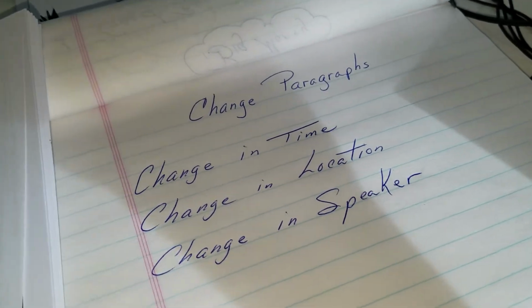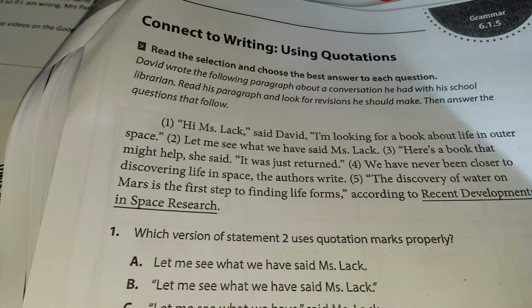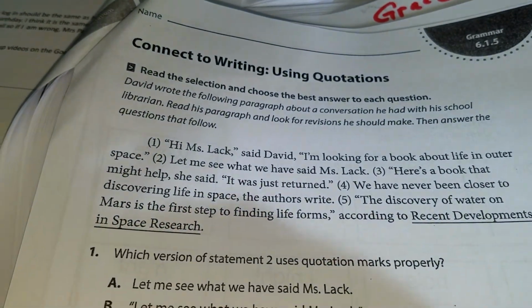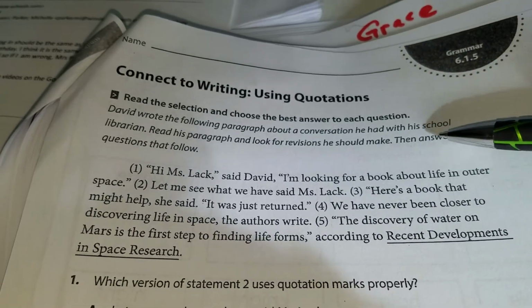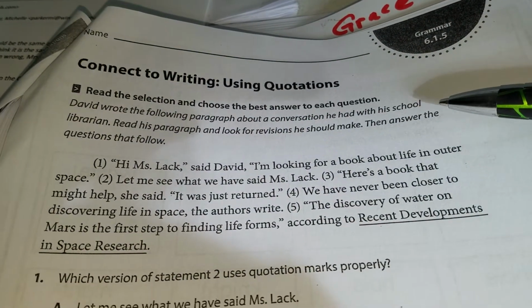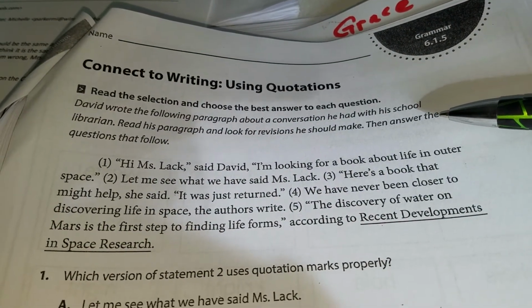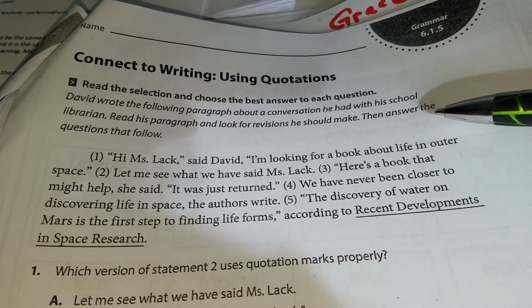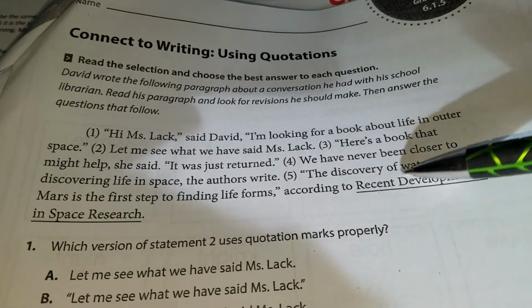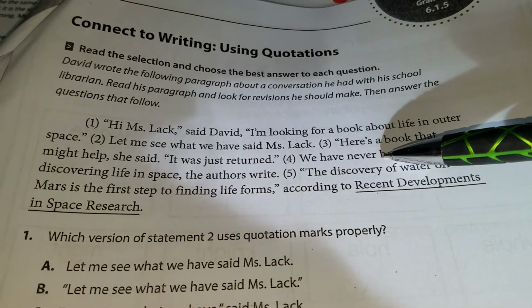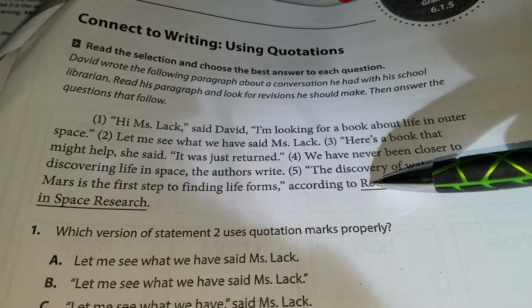Now, the practice page that you have is actually not that hard, I don't think. You're reading this part. It says, "David wrote the following paragraph about a conversation he had with a school librarian. Read his paragraph and look for revisions he should make. Then answer the questions that follow." So you don't have to edit in here if you don't want to. They don't give you a ton of space.